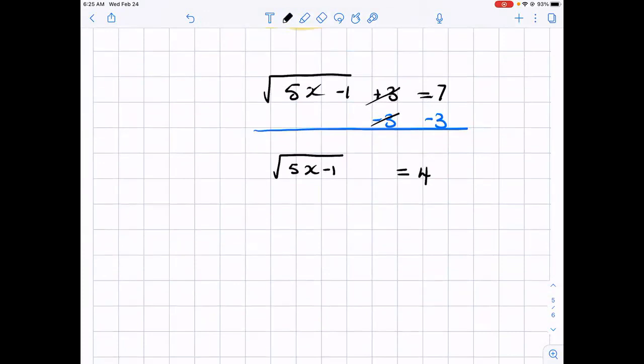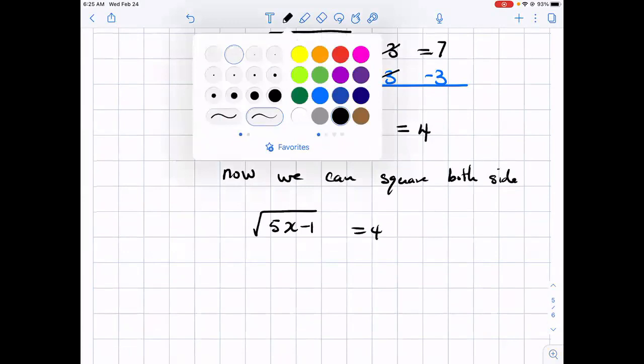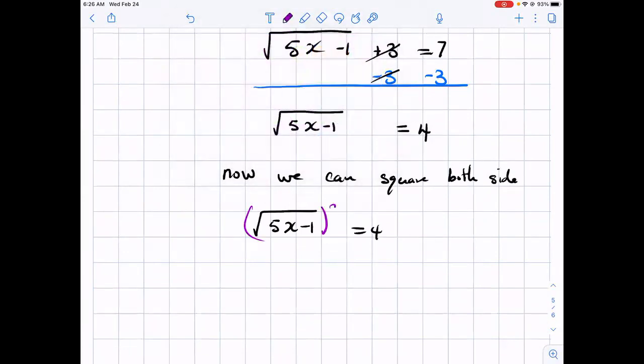We can now square both sides. So once one side has the radical by itself, we can square. So we have the square root of 5x minus 1. We will now square both sides.